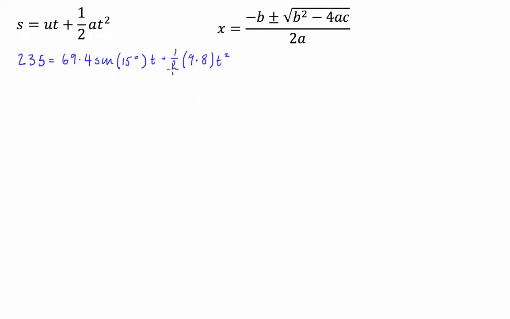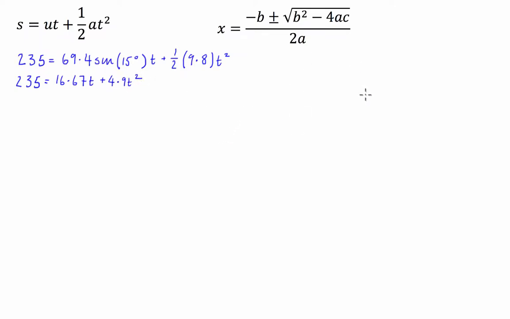First we calculate what all of these numbers mean. 235 stays there. 69.4 sine 15 is 16.67. Half of 9.8 is 4.9.